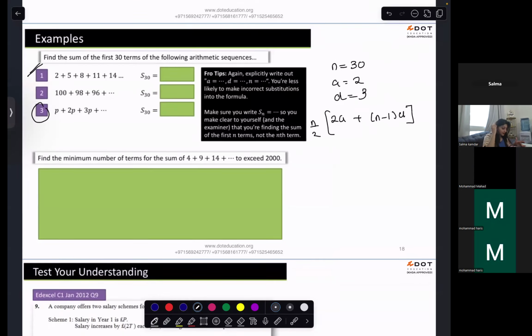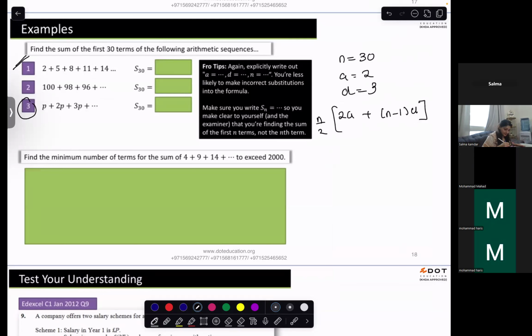So I'm doing this one. This is direct substitution. What is in the third one? What is my A? My A is 2. What is my D?